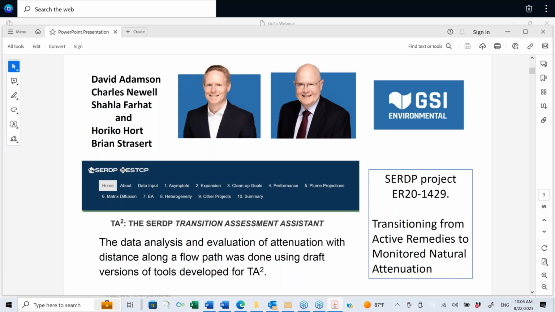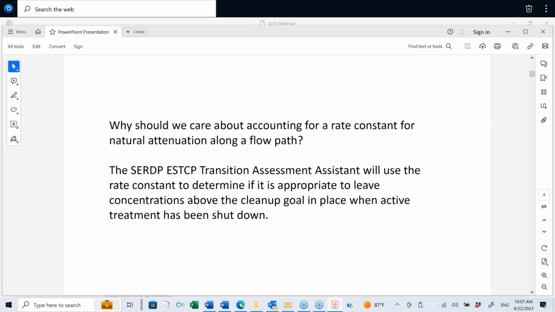And so the data workup that I'm going to show was developed as one of the tools for this transition assessment assistant. Unfortunately, this is not quite out on the street yet. It is in the final stages of pulling it together and getting it to review so they can publish it.